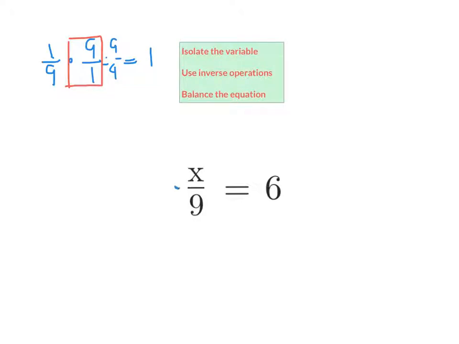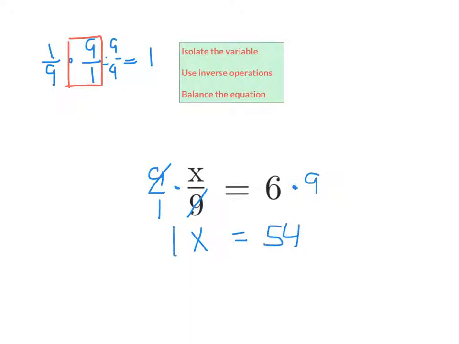And we do that by showing a multiplication dot on both sides, multiplying both sides by 9 over 1, which is also 9. On the left side of the equation, my 9's will cancel out, leaving me with the variable x, and then 6 times 9 is 54.